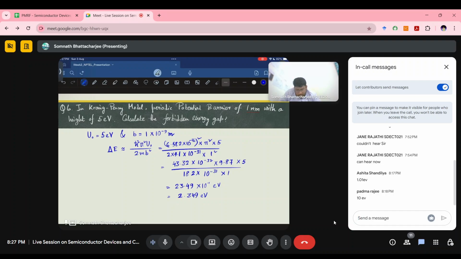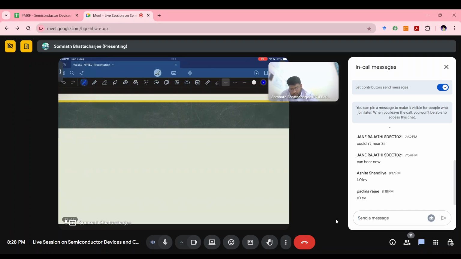So with the approximations, I guess if we don't use the approximation, the answer would be, just a second, 6.582 into 9.87 and multiply 5 divided by 2 divided by 9.1. So if we don't use the approximation, the answer would be nearly like this, or it may change a bit. So we'll move on to the next question.